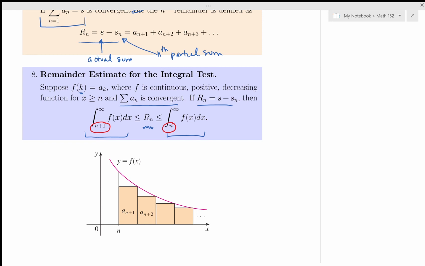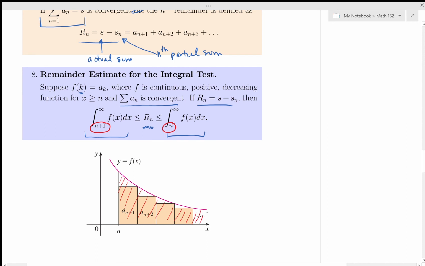And there are a couple of diagrams to show you that here. So we've got y equals f of x, and you can see the integral from n to infinity is right here. Let me just do it here in red.